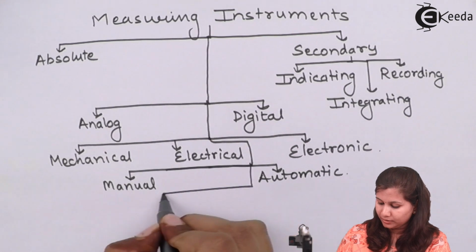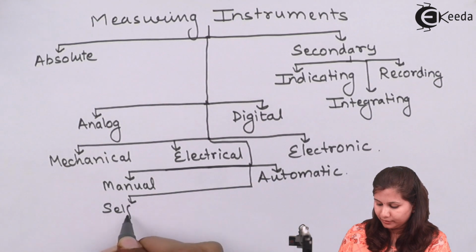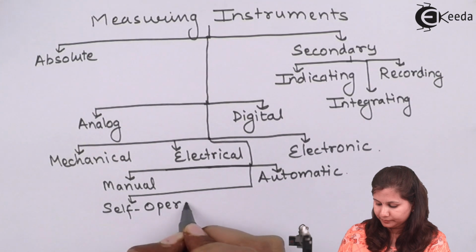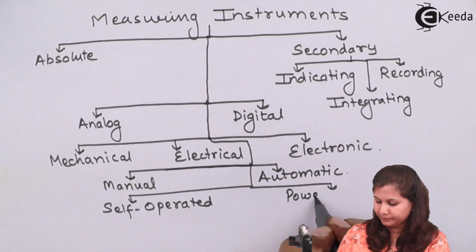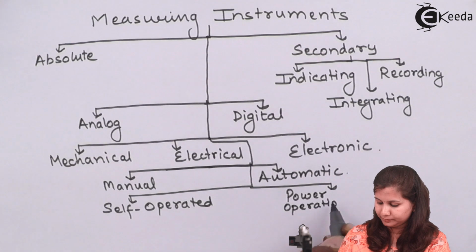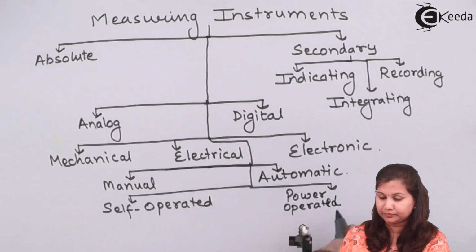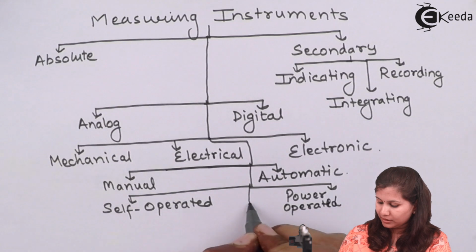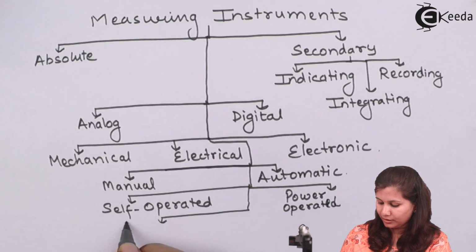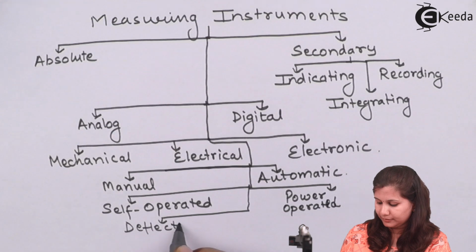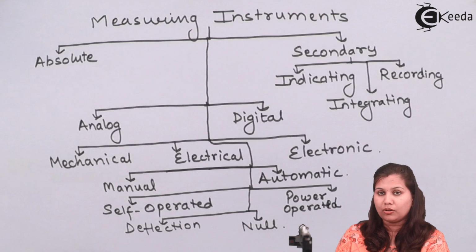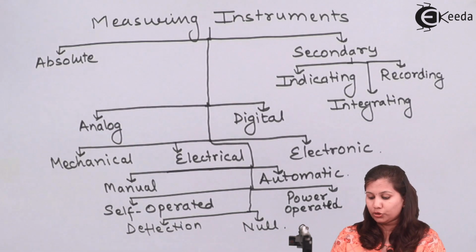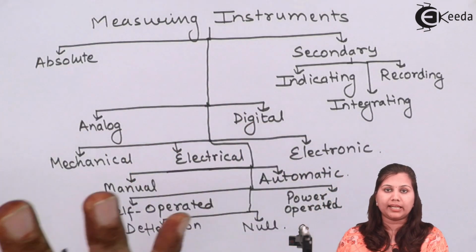Next we studied self-operated and power operated. And in the last we studied the classification deflection and null operated instruments. So this is how the measuring instruments are classified. This is the flow chart for it.